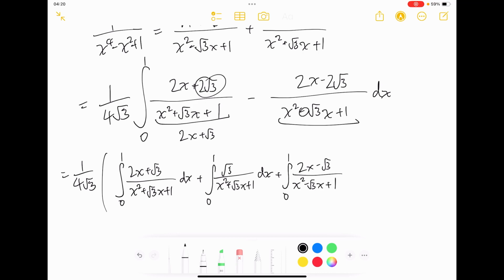And to make up for that, sorry, this should be a minus. And to make up for that, because, wow, my brain isn't working. So what's happening now? So I've got a 2x minus root 3. So I need to add root 3 to make up for that. x squared minus root 3x plus 1 dx.